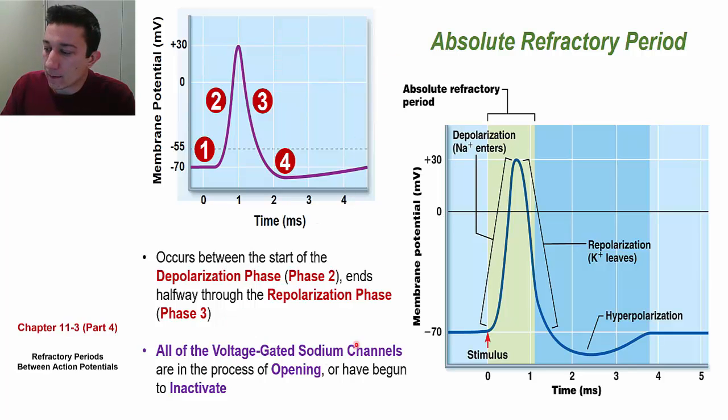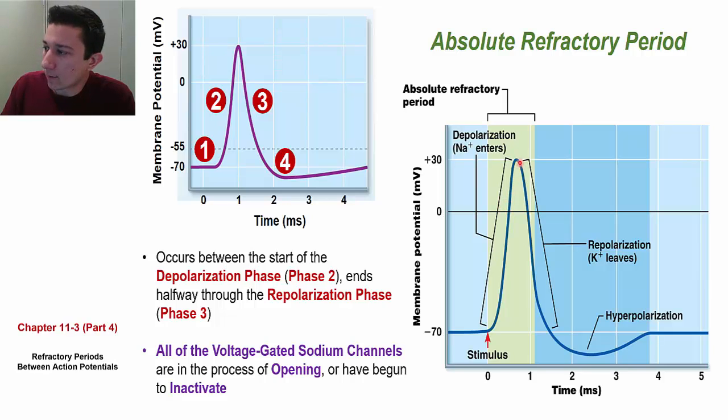What's happening is that all of the voltage-gated sodium channels, all the channels that are contributing to the depolarization of our neuron, are either in the process of opening or have already opened fully and are becoming inactivated at this point. We can't physically open more voltage-gated sodium channels than there are in the membrane, so we can't create a new action potential when one's already opening.